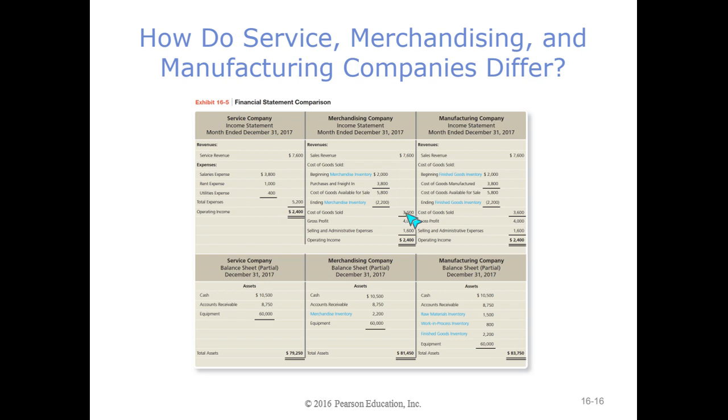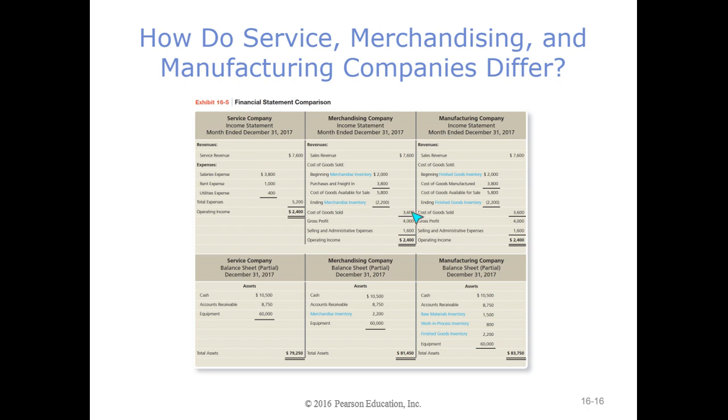Now let's say, for example, that they didn't tell us the cost of goods available for sale, and instead they said, your beginning merchandise inventory is this, your purchases and freight in is this, and your ending merchandise inventory is this. Calculate cost of goods sold. You could still calculate it.